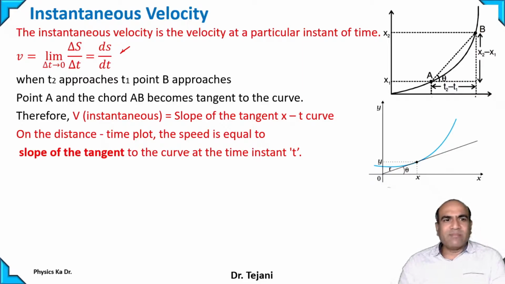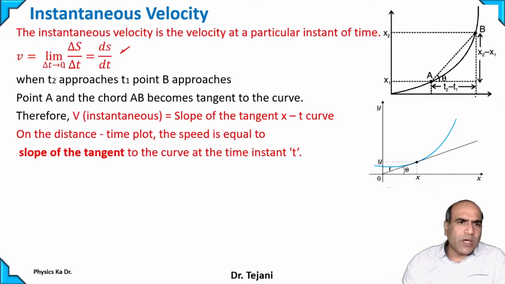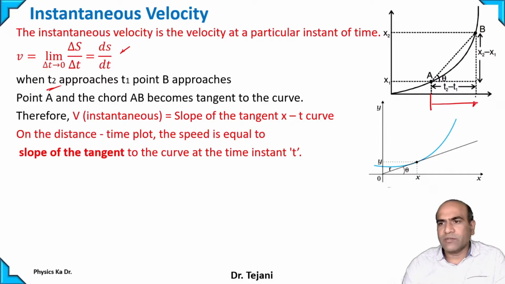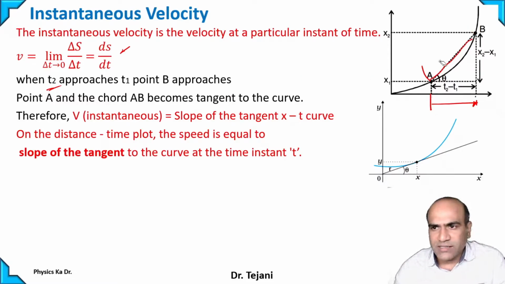Similar cases are mentioned here: when t2 approaches t1, B approaches A, and the line AB, the distance between A and B, becomes a tangent to the curve. We already saw this part.